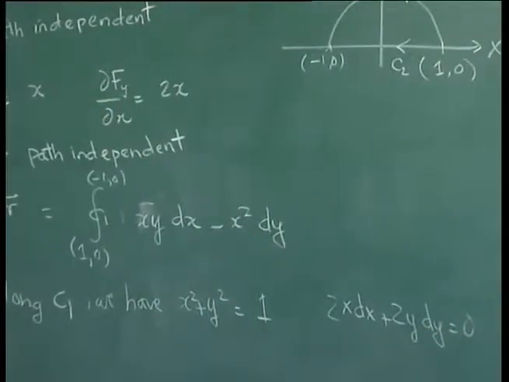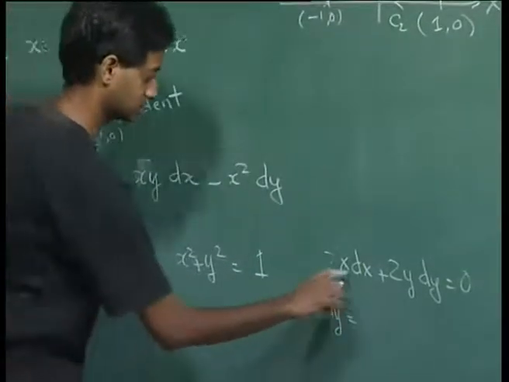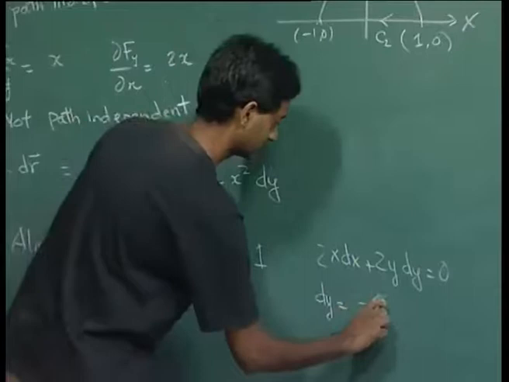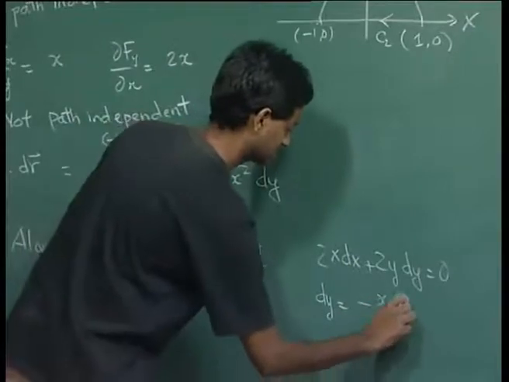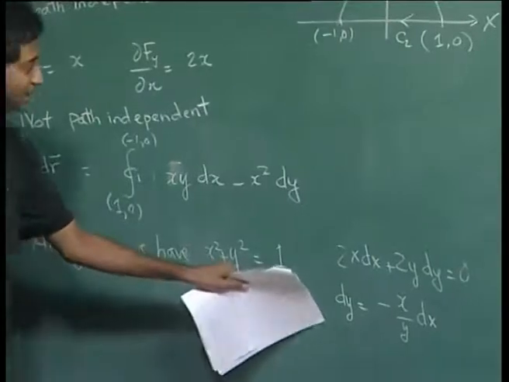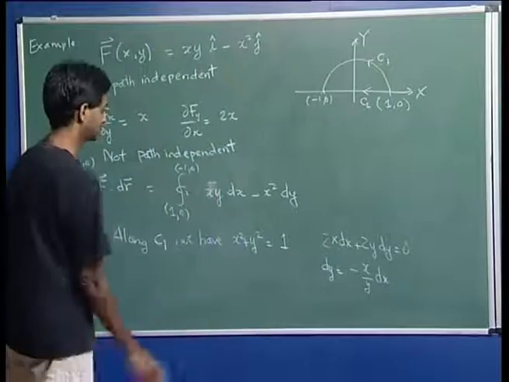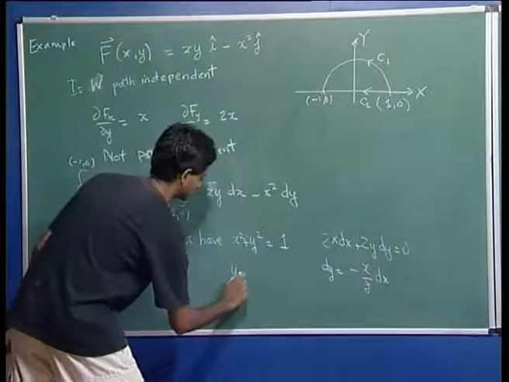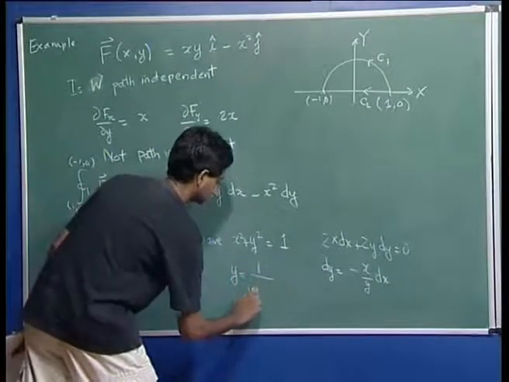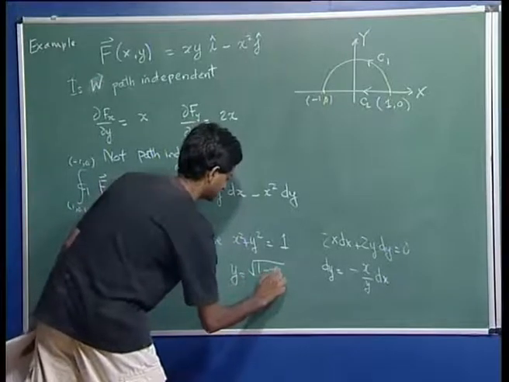Okay. In other words, dy is equal to minus x by y dx. So, the rate of change of y along this path is related to the rate of change of x along this path, and moreover y is also related to x. y is equal to square root of 1 minus x square.